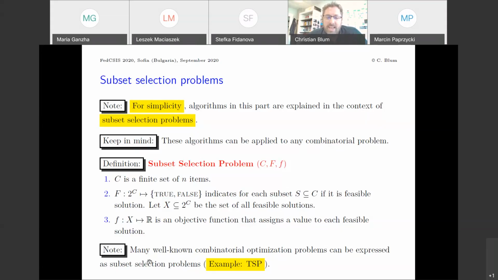Many combinatorial optimization problems can be expressed as subset selection problems. One example is the TSP. You can see a TSP solution as a subset of the edges of an input graph, and you're already there.